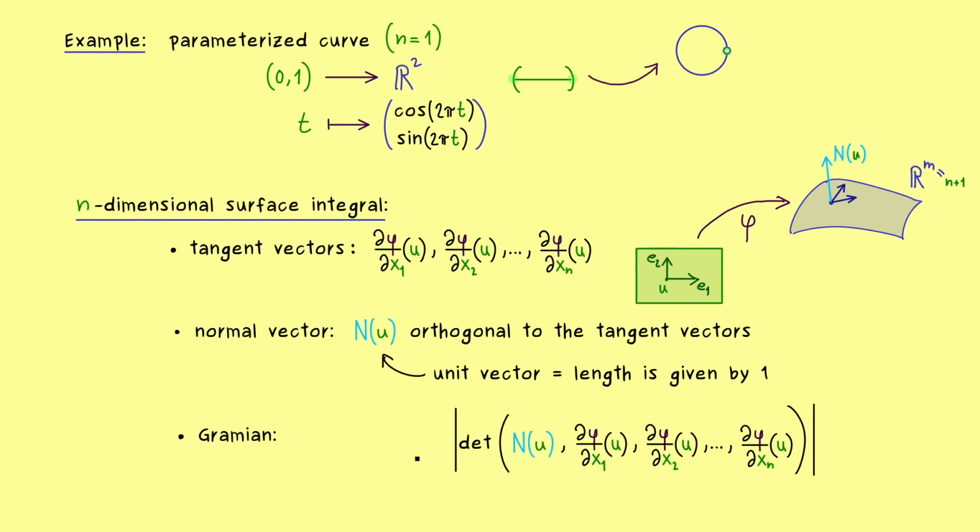And now you should know that this determinant in the case of hypersurfaces is known as the determinant of Gram or simply Gramian. There are a lot of different notations and symbols that describe this Gramian, and often they contain a square root. I will also do that here and use the square root of g of u to describe the whole determinant on the right hand side.